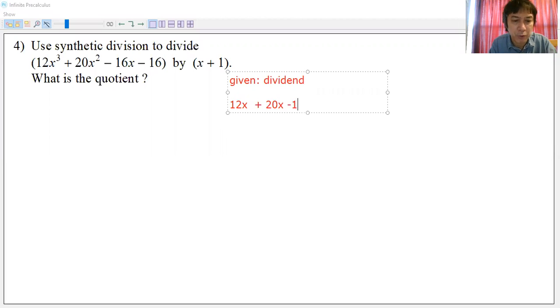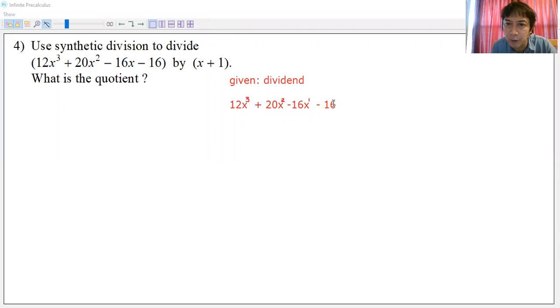I'm going to write the exponents later. And this will now be, of course, degree 3. This is degree 2. And then this is degree 1. And of course, this is x to the 0.